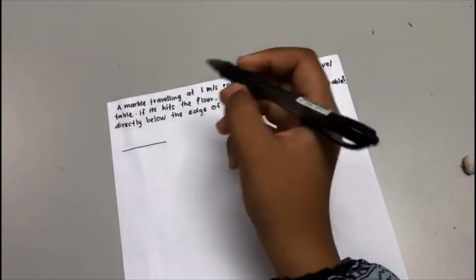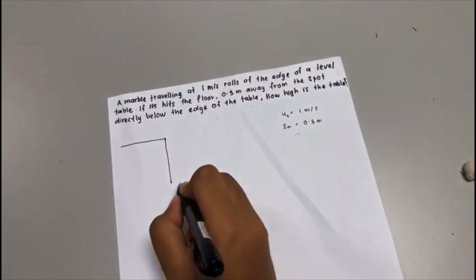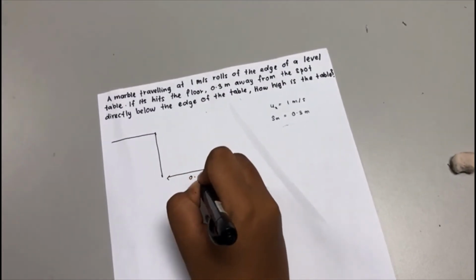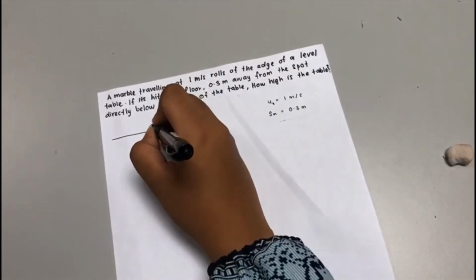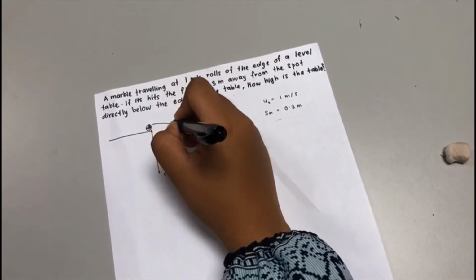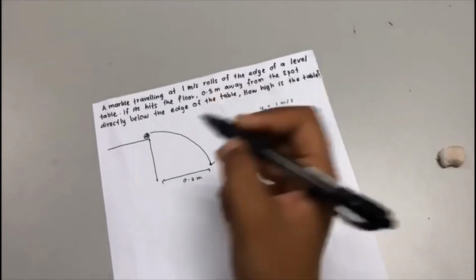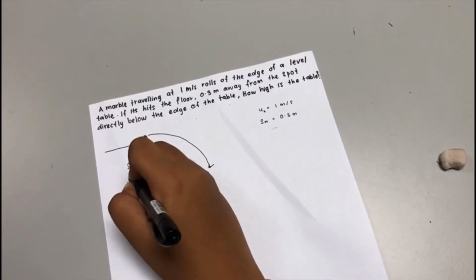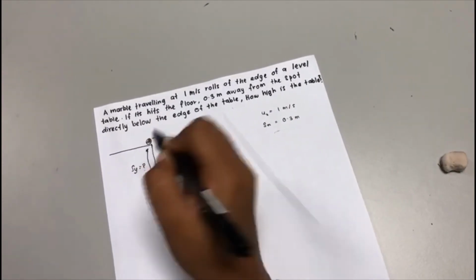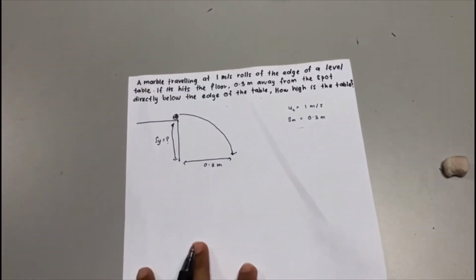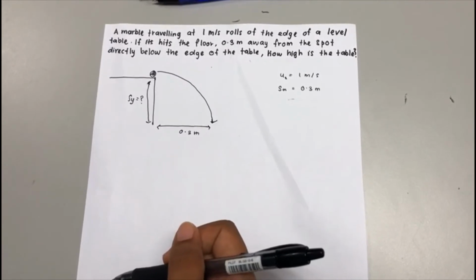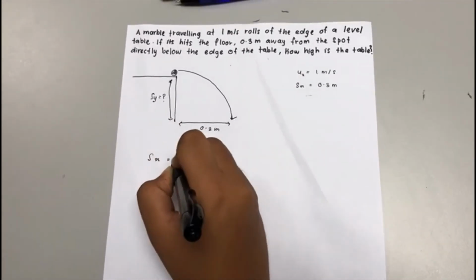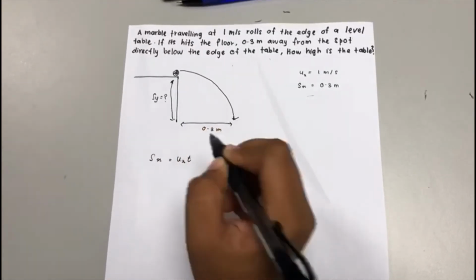So first, 0.3 meter and the marble. This is Sy, the height of the table that we don't know. Okay, we must find the time using the formula Sx equals Uxt.